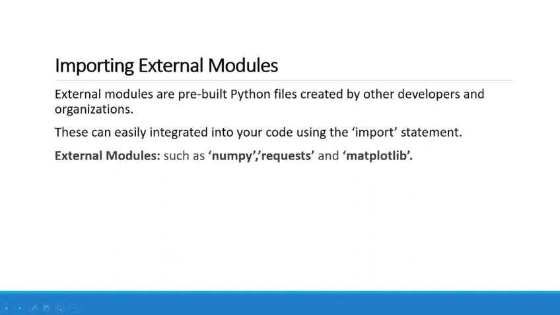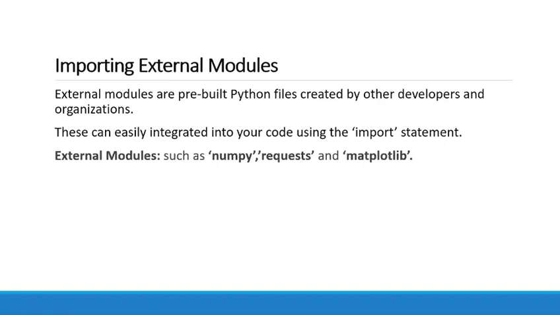So what we have to do to install an external module in Python is we simply need to write pip install and the name of the module we want to install. Like if we want to install NumPy, pip install NumPy. All these external modules are used for different kinds of functions.